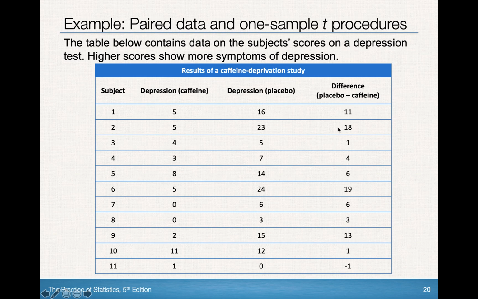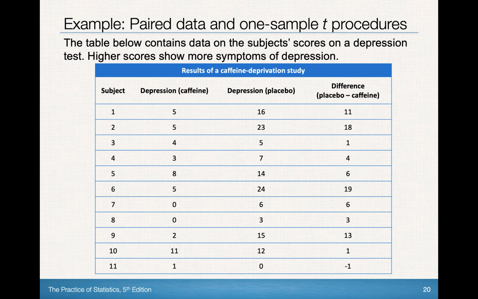A positive value means that the placebo had a higher depression score. A negative value, like you see way down here, shows that the caffeine actually had a higher depression score. Okay, this is the data we're actually analyzing, the difference between the placebo minus the caffeine.